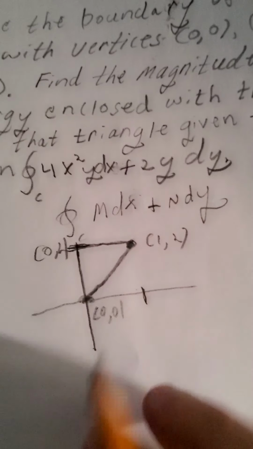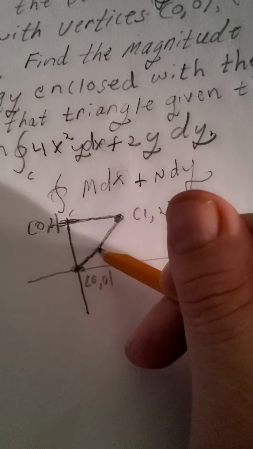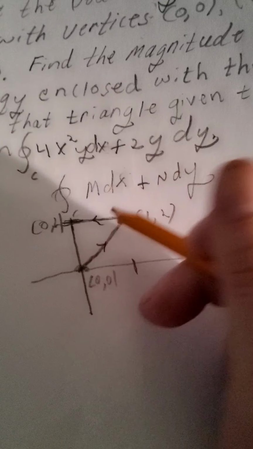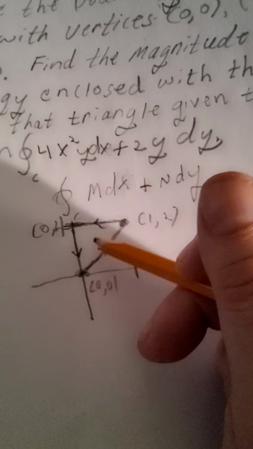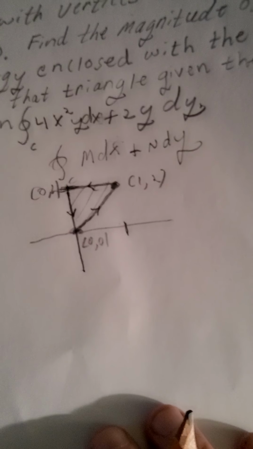And I'm going to do it the long way first. I'm going to integrate along this path, then along this path, and then along this path. And when I get done, I will find the energy within that enclosed triangle.